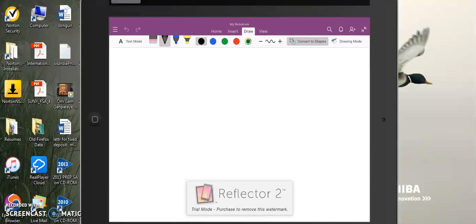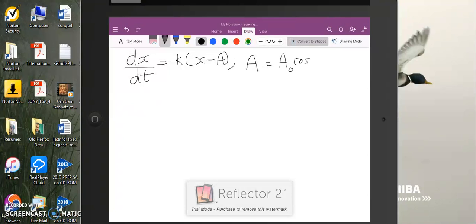Okay, so we know that dx over dt equals minus k of x minus a. We are also given that a is equal to a naught cosine of omega t.